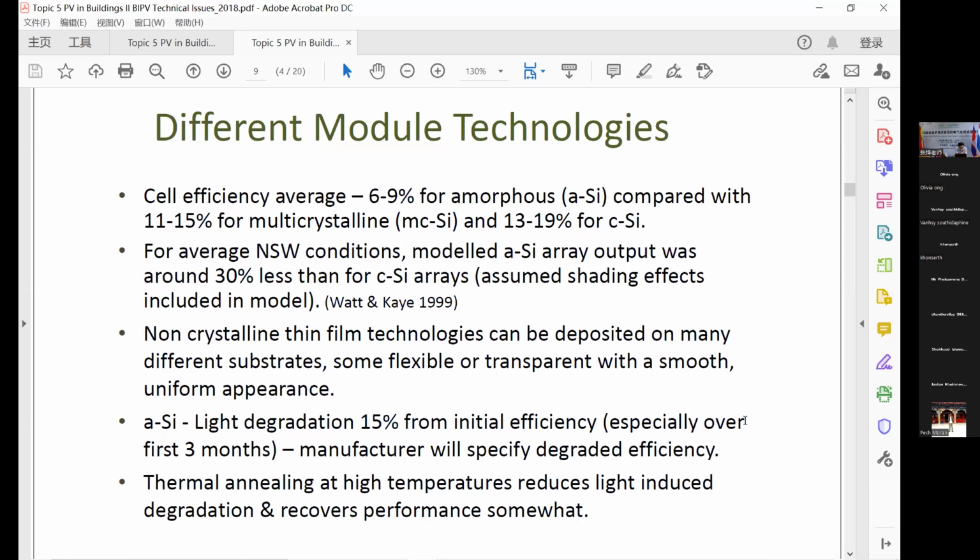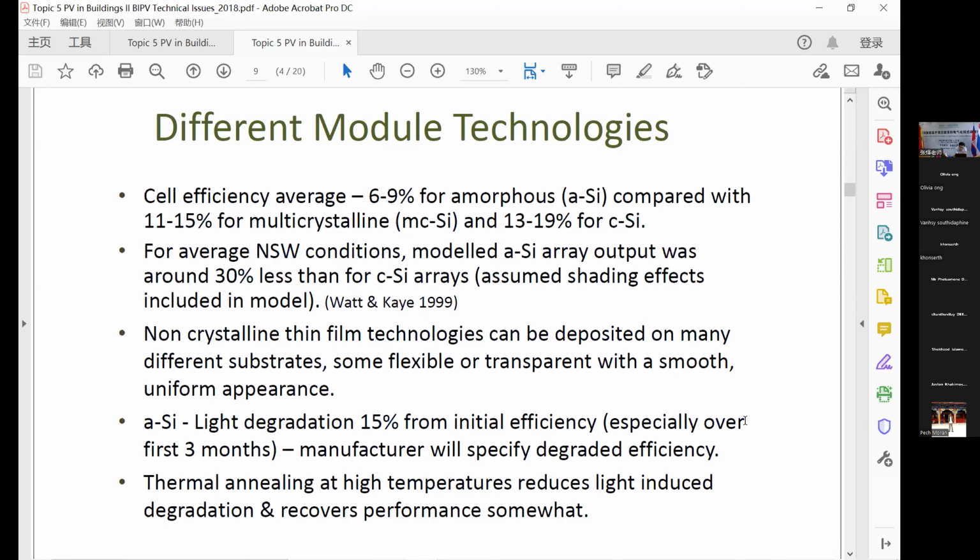The first one is the cell efficiency. The average is 6 to 9% for amorphous silicon solar cell, compared with 11 to 15% for multicrystalline silicon and 13 to 19% for single crystalline silicon.